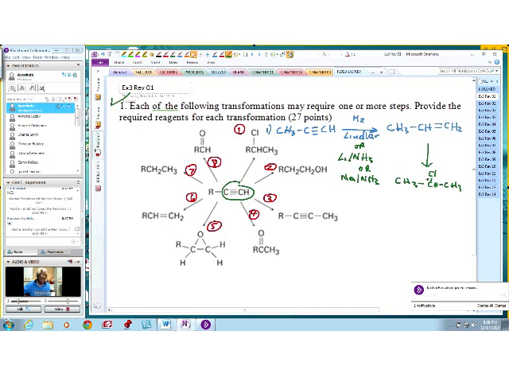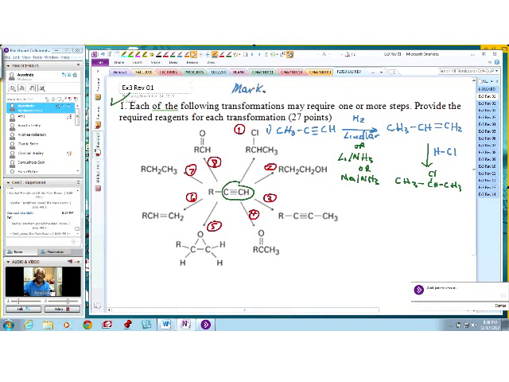Okay, HCl. Excellent. Somebody said HCl. And that is a Markovnikov addition of hydrogen chloride. So this is a case of knowing your reagent. This is a Markovnikov addition of hydrogen chloride across the carbon-carbon double bond, in which case the hydrogen comes to this carbon here, and the chlorine comes to this carbon. So we say this is a Markovnikov addition.